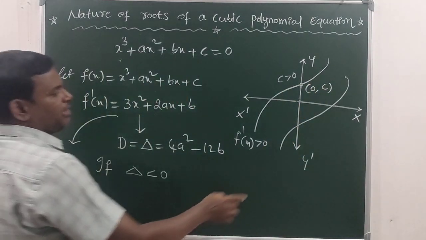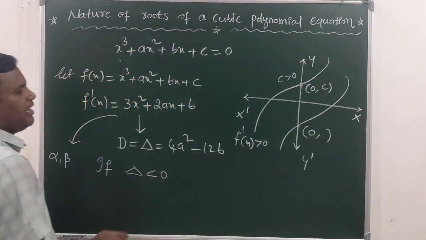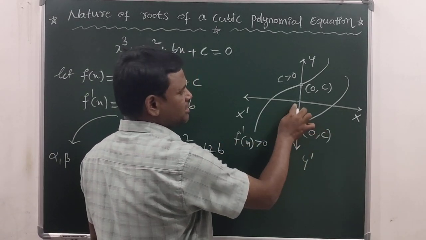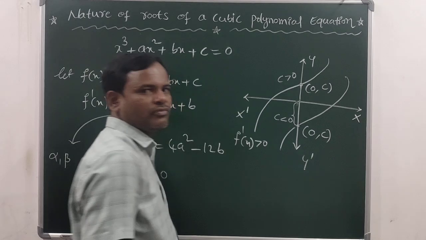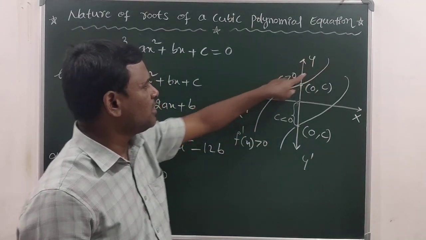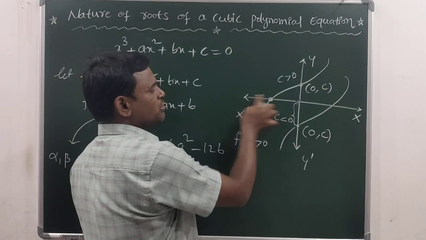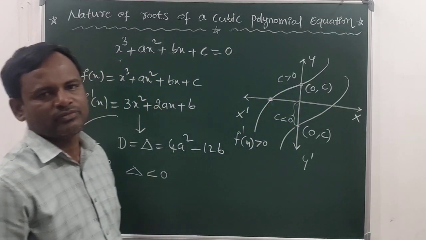Here c is positive. C means this distance, it should be positive. So here, if I see, it is intersecting the negative x-axis. If I write 0 here, again you will get c. But in this case, this c is negative. So in this case, this curve is intersecting the x-axis in the negative portion, which means this is a negative real root.